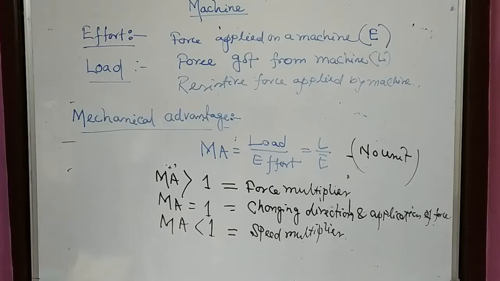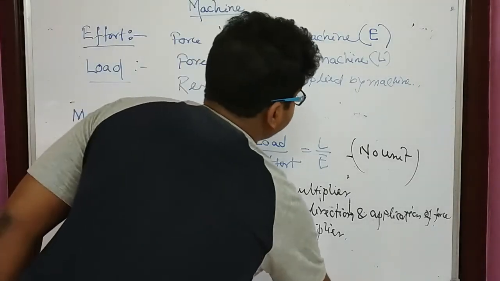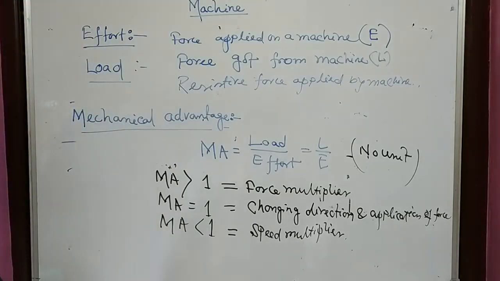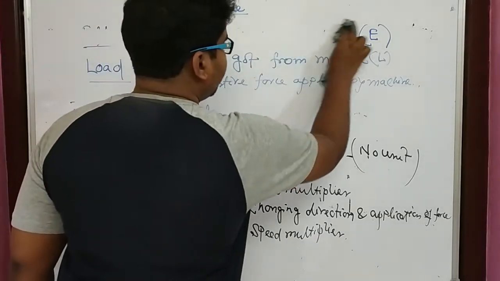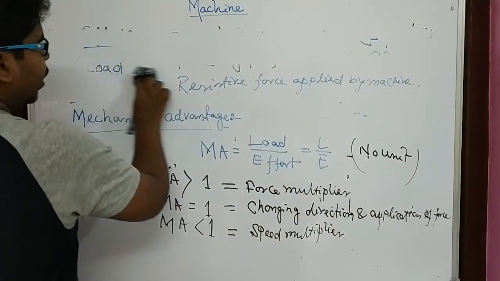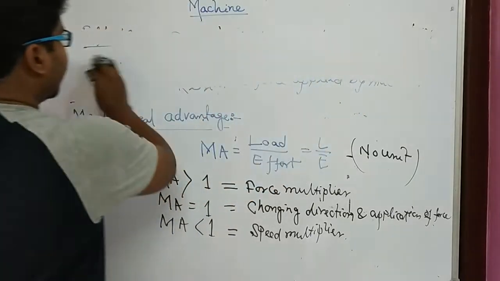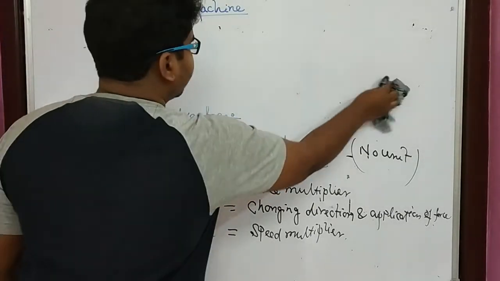This is mechanical advantage. Now, one more important property of a machine that we have to find out is known as velocity ratio. Let's see what it is. Velocity ratio.